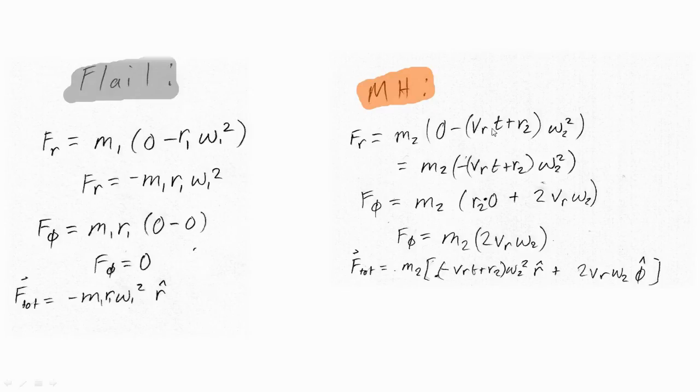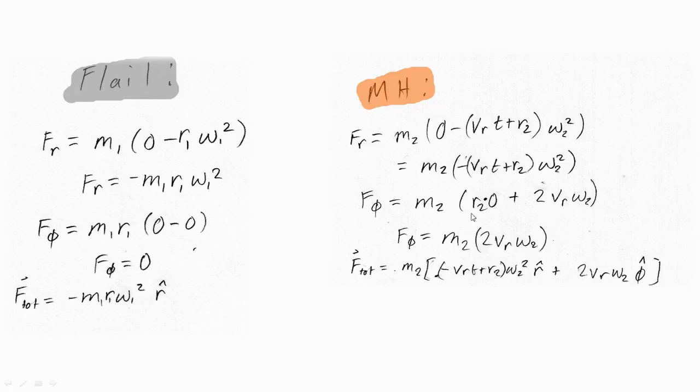So r for the meteor hammer is vr t plus r2, where vr is just the speed at which the radius is increasing. So the force in the radial direction is negative m2 times (vr t plus r2) times omega 2 squared.